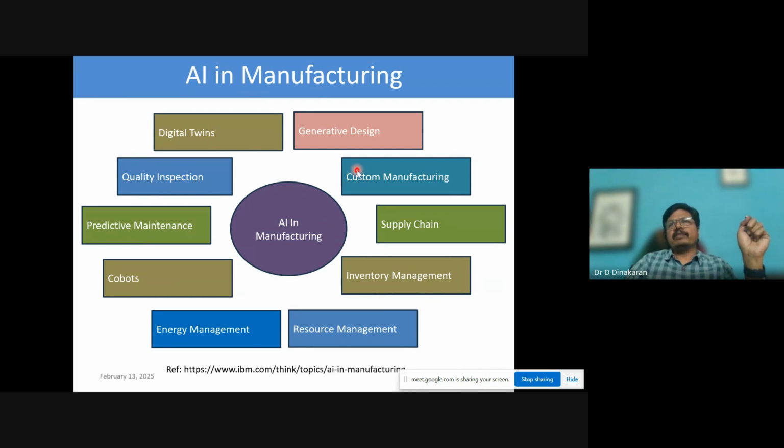Then custom manufacturing is possible. Previously, we know that mass production is basically for making the same component in n numbers, in 1000 numbers. But now, for each and every thing, we can change it. For example, in a machine tool, it's very difficult to change everything, right?